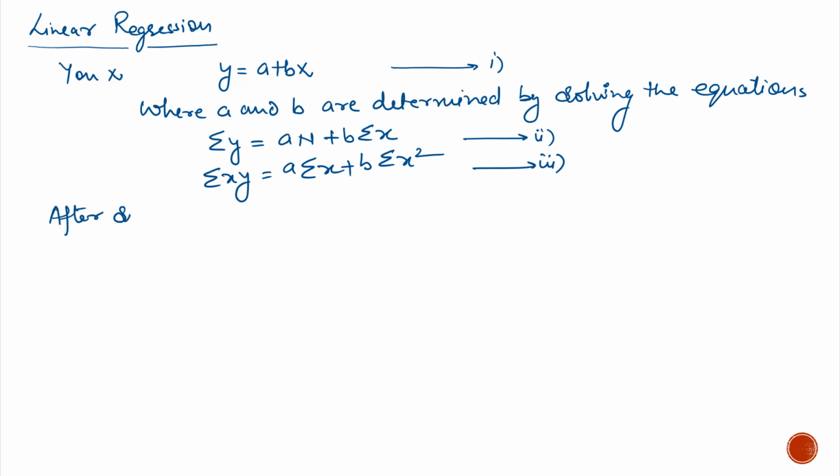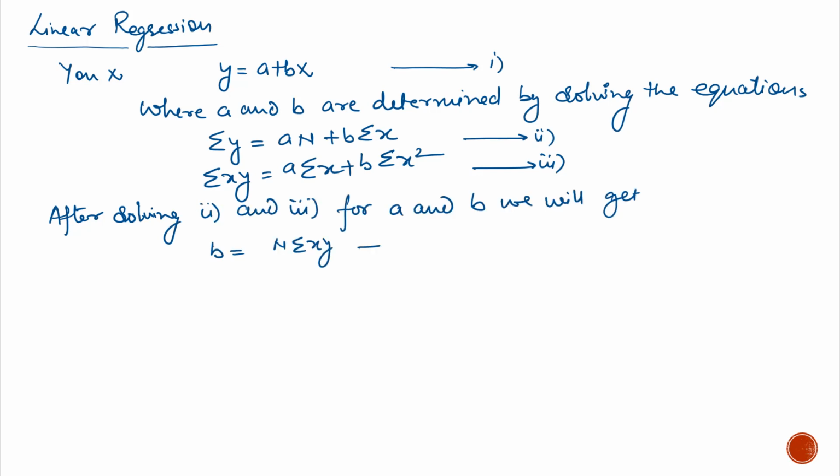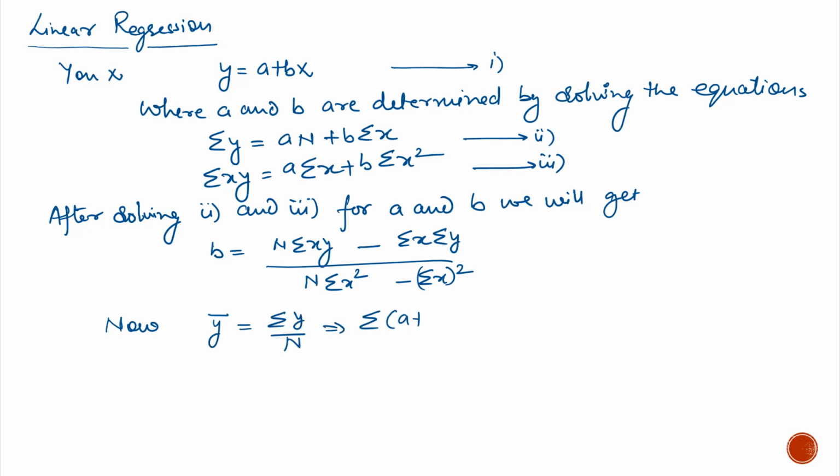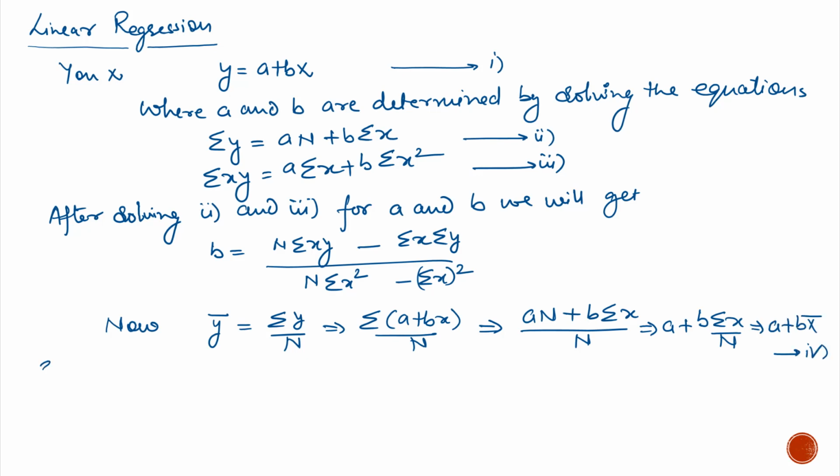After solving the second and third, we will get the values of a and b, where b is n times summation of xy minus summation of x summation of y, divided by n summation of x square minus summation of x whole square. y bar is summation of y upon n, and y replaced by a plus bx equals a plus b x bar.